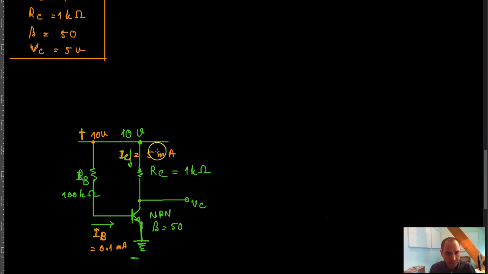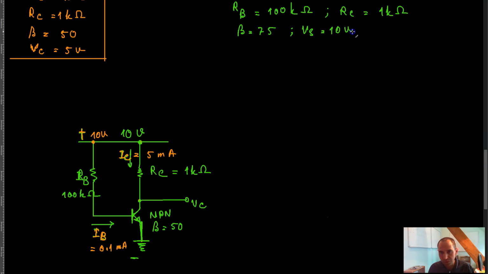Now I can imagine that R of B is equal to 100 kilo ohm, and R of C is equal to 1 kilo ohm, and my beta is equal to 75, and my supply voltage is equal to 10 volts, right?